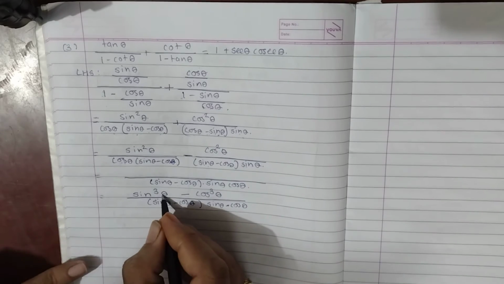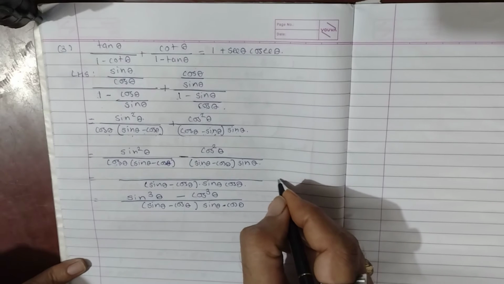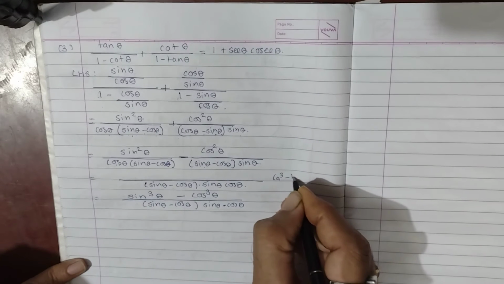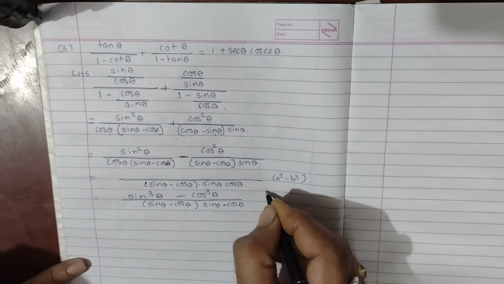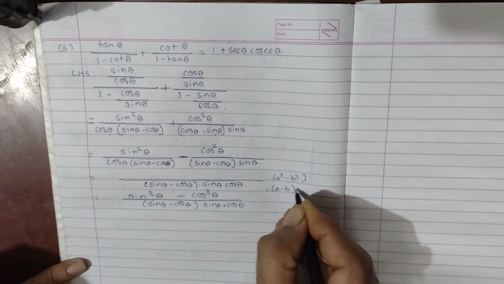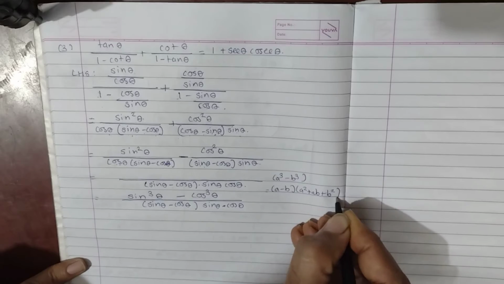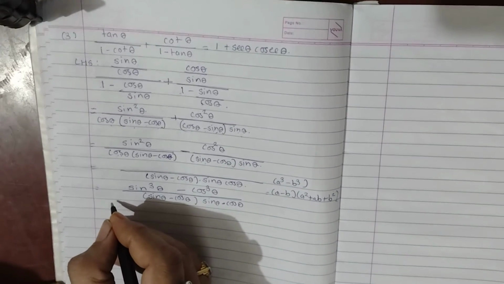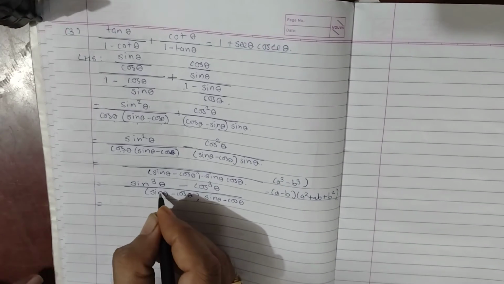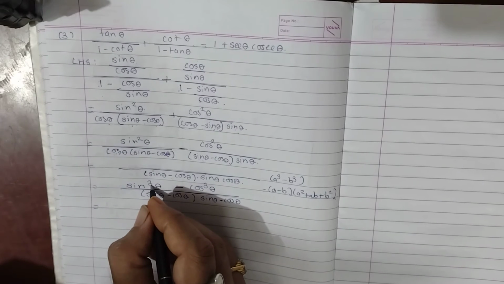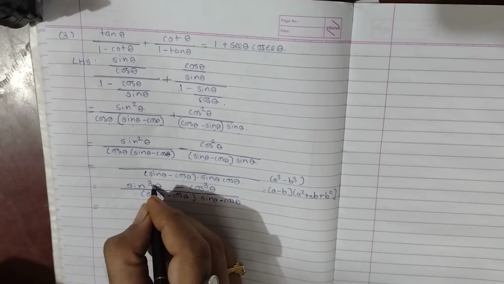Right, now it is a cube minus b cube. We know the identity: a cube minus b cube equals a minus b times a square plus ab plus b square. This identity you have to remember. In place of this one, this is our a, this is the b, so a cube minus b cube.